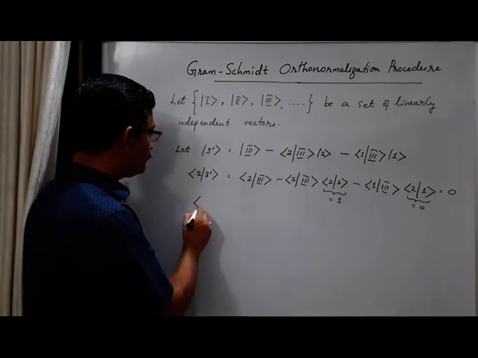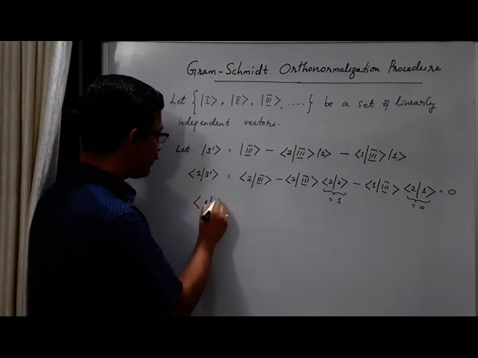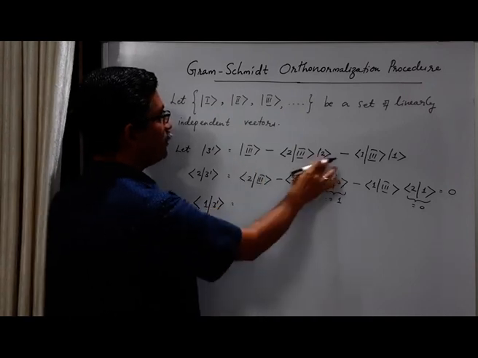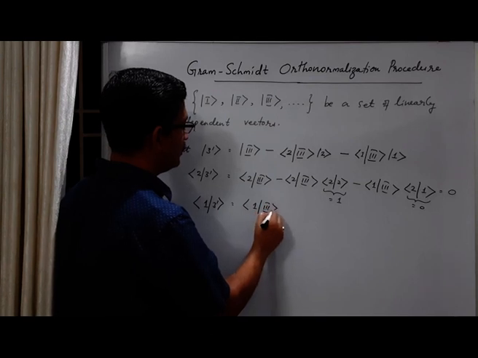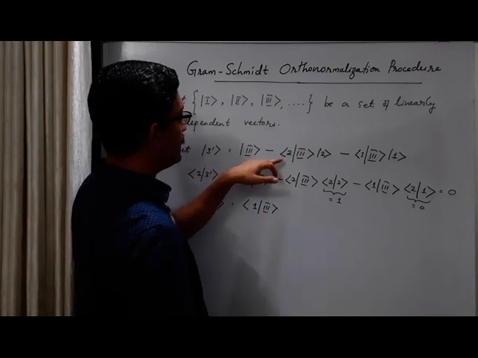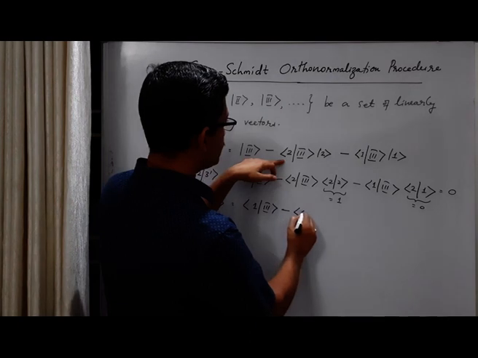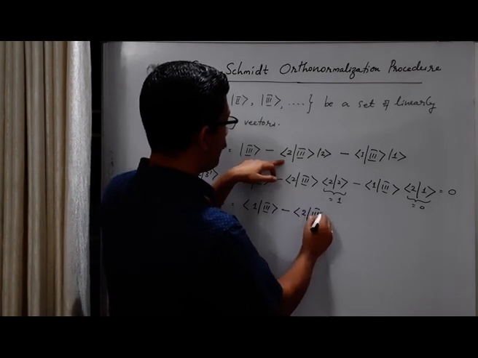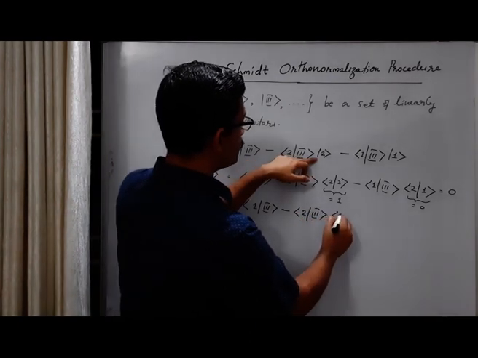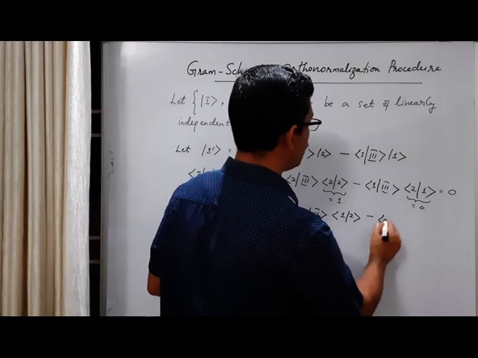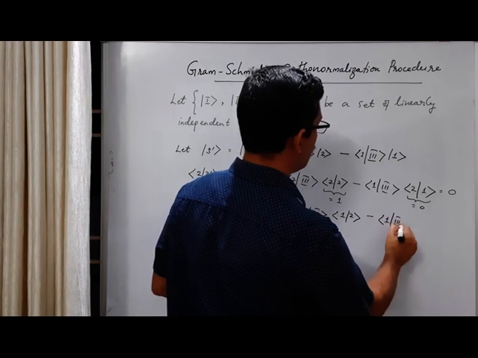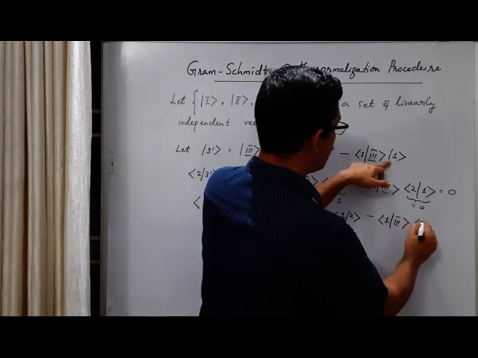What about |1⟩? So ⟨1|3'⟩. Here, ⟨1|3⟩ and here minus, this is a scalar. You have to take the inner product with this one, so ⟨1|2⟩, minus, and finally here take the inner product with this one.